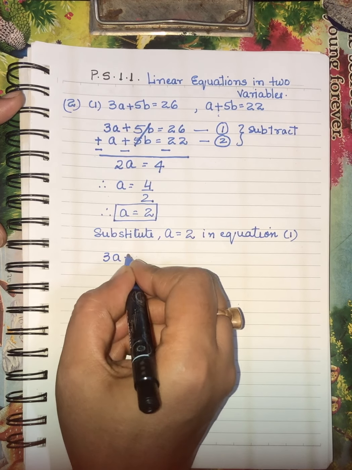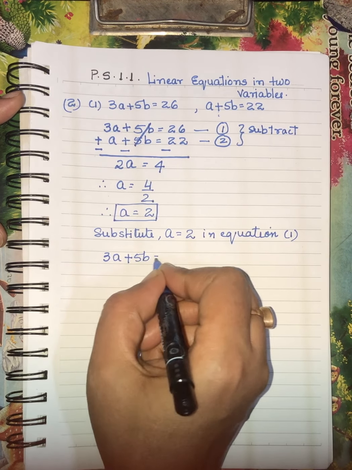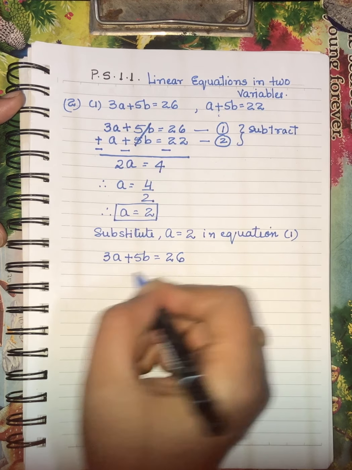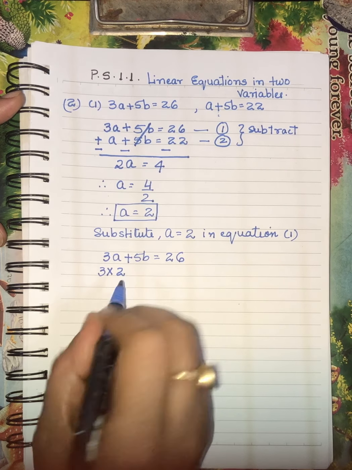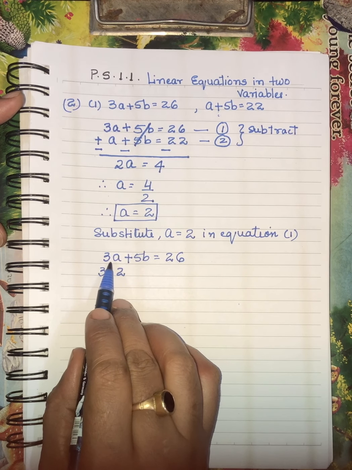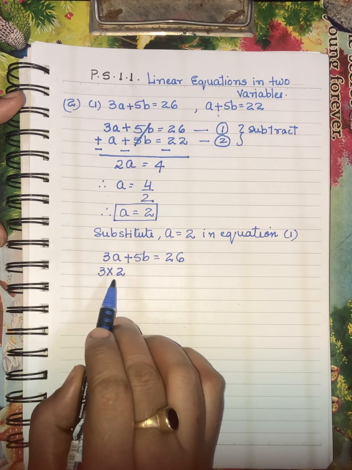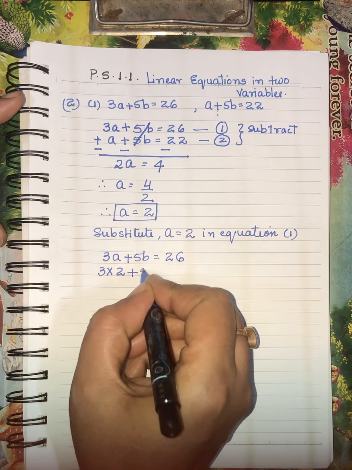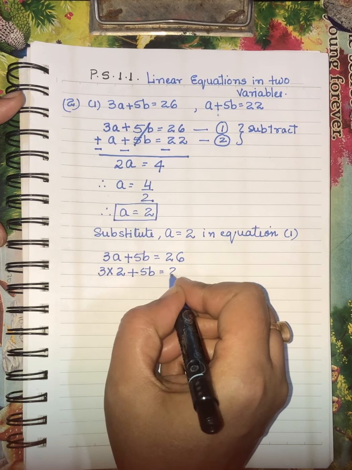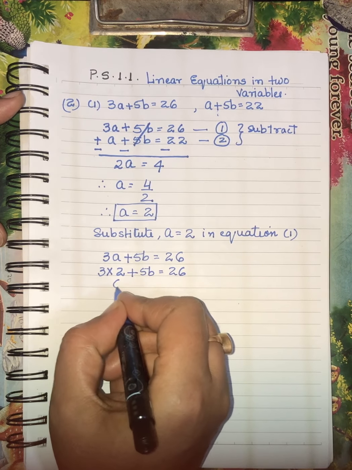So 3a plus 5b is equal to 26. I have written the equation once again. 3 multiplied by 2, because in between 3 and a there is no sign of operation, means multiplication operation is there. So 3 multiplied by 2 plus 5b is equal to 26.